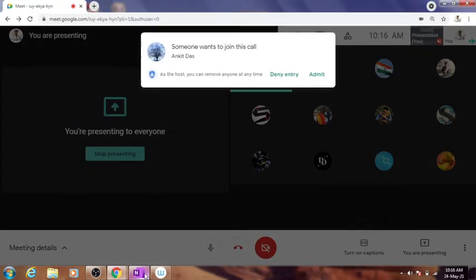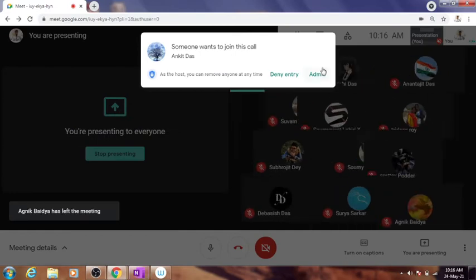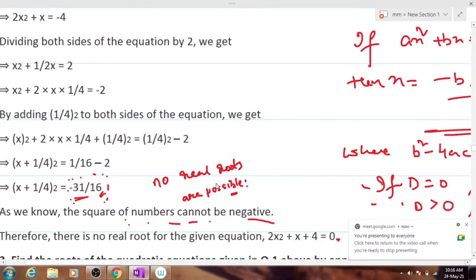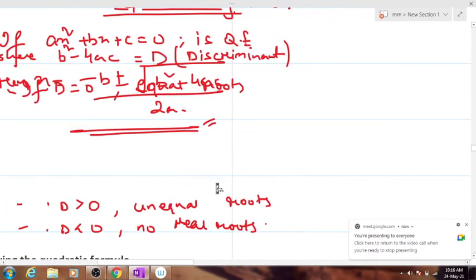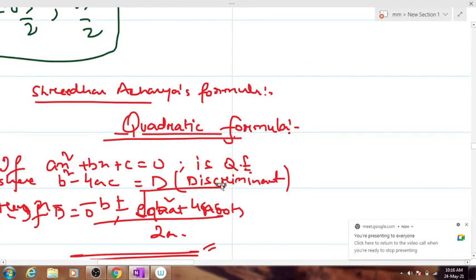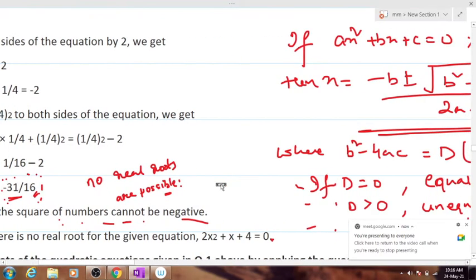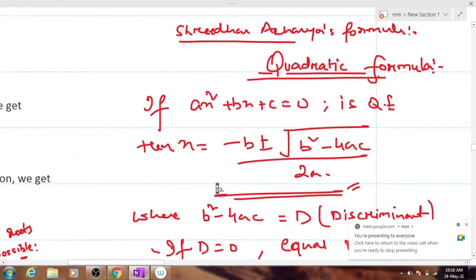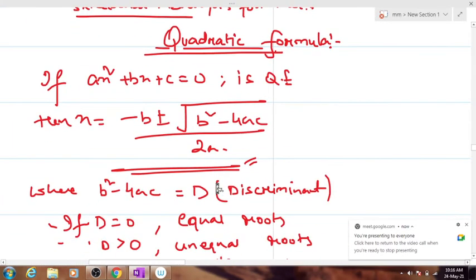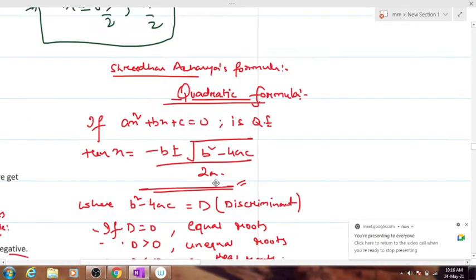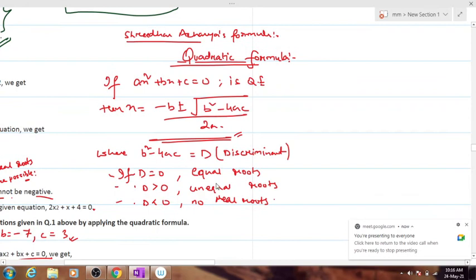Now we have to move on to the next portion, which is the quadratic formula. This is the quadratic formula. Can everybody see it? This is often called Sridhar Acharya's formula or the quadratic formula. So what does this formula basically hint at?